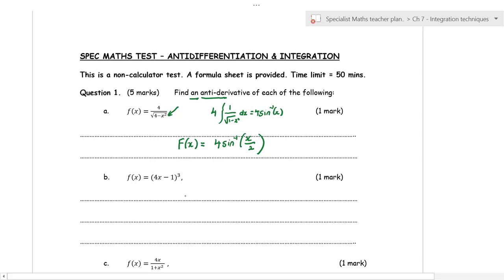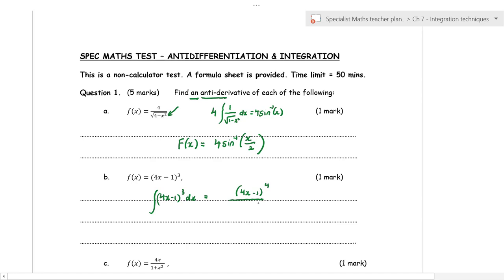Okay, over here we're doing an antiderivative. So what we want to find over here is the integral of 4x minus 1 cubed dx. And that is equal to, well, we're raising the power by 1, aren't we? So we're leaving that 4x minus 1 to the power of 4.